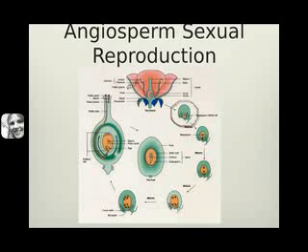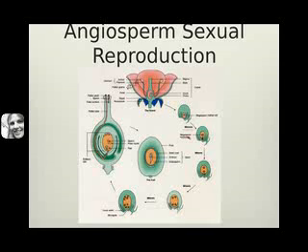angiosperm, and just like we saw with our other plants, what we saw with the gymnosperms, we have a megaspore mother cell, or a megasporocyte. The megaspore mother cell will undergo meiosis to produce 4 megaspores. 3 of these die. 3 of the megaspores die, leaving 1 megaspore.